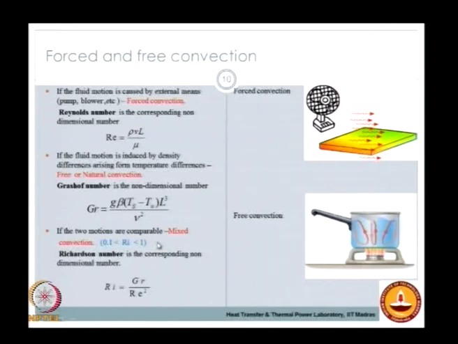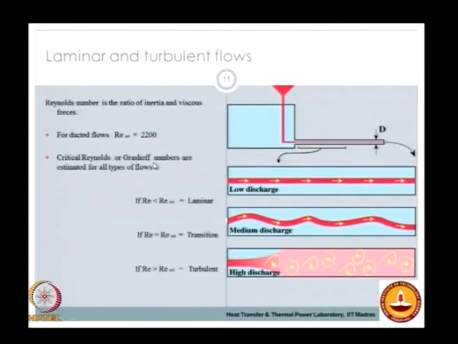If you look at very high Richardson numbers, much greater than 1, the natural convection is dominant over the forced convection, so that is your natural convection regime. And for very small values of the Richardson number, where the Reynolds number is more dominant than the Grashof number, that is your forced convection regime. So depending on the values of the Grashof number and Reynolds number, we can classify forced, free or mixed convection regimes.